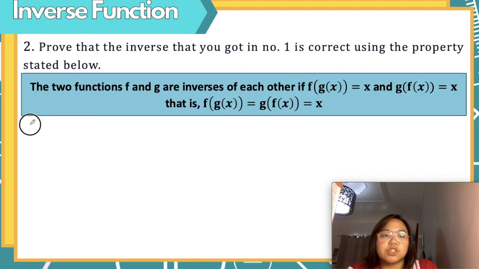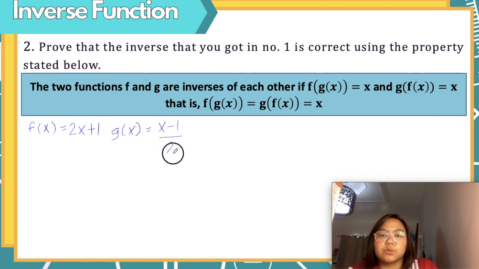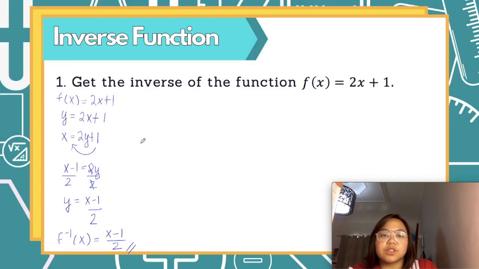So let's name the original function still, f of x is equal to 2x plus 1. And then let's name the inverse that we got as g of x for us to use this property. So g of x is equal to x minus 1 over 2. So again, this is just the inverse that we got in the previous item.